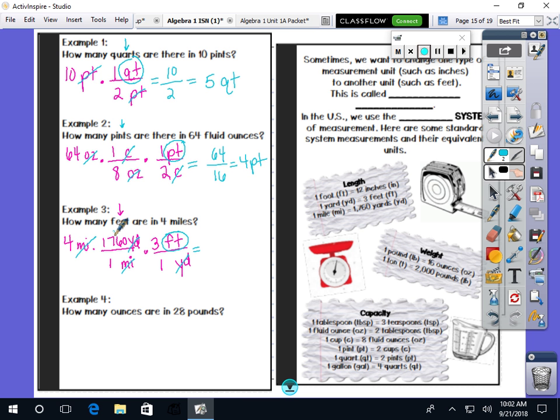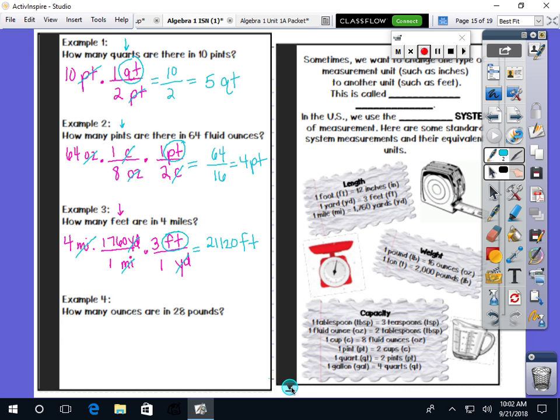So you'd multiply 4 times 1,760 times 3, and that gives you 21,120, right? And then on the bottom, wouldn't you just have 1 times 1, which is 1? And so you don't need to write that on the bottom. And remember, this is feet because all the other units canceled each other out. So there are 21,120 feet in 4 miles.